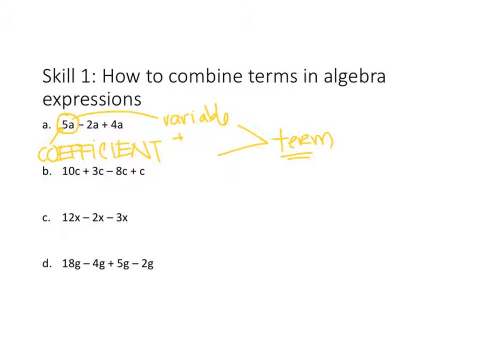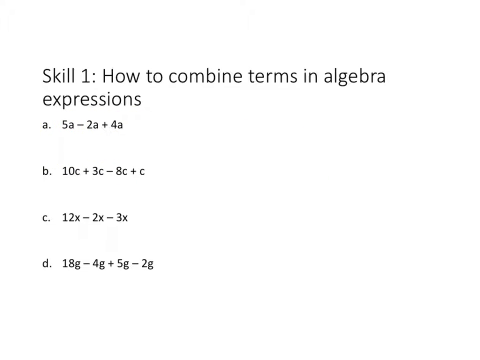So here in example A, we see three terms, 1, 2, and 3. We're going to put them together and make one. So this is how we do it. Because they all have an A in common, we don't really have to worry about the A. In fact, we could pretend the A isn't there.